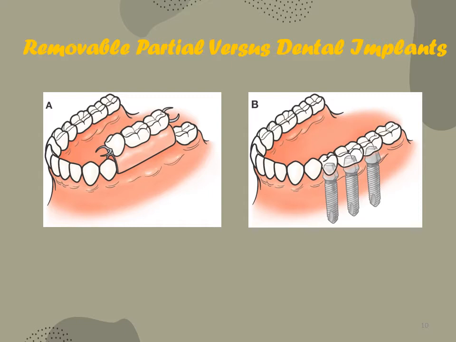Whereas with this implant, this tooth and this tooth are perfectly fine. They function just like they used to. They don't have any extra strain on them. And now there are three implants right here that are going to support that area.